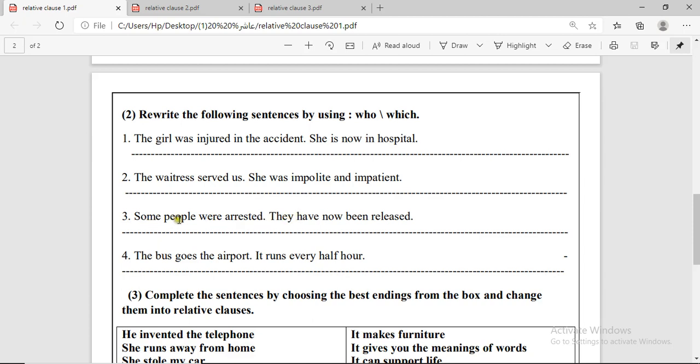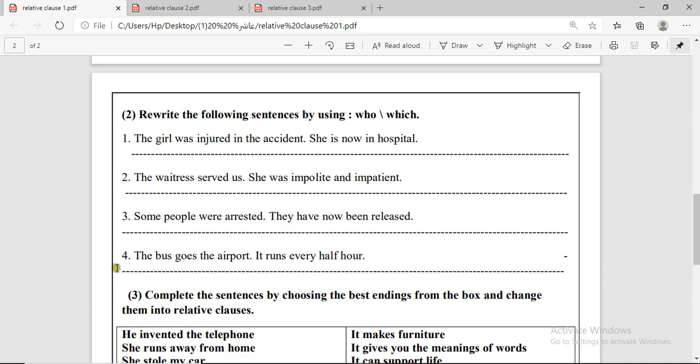Some people who were arrested have now been released. So we have to delete they because we made the two sentences as one sentence. And we can't say like this: some people who were arrested, they have now been, because we made one sentence without using they.